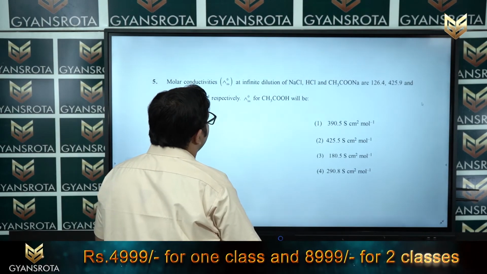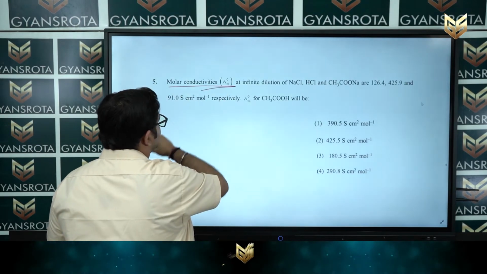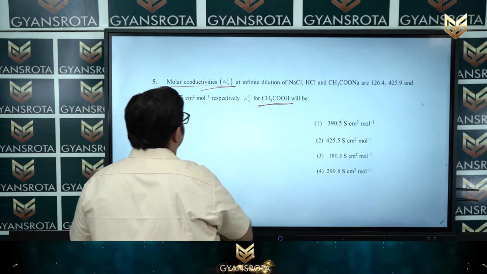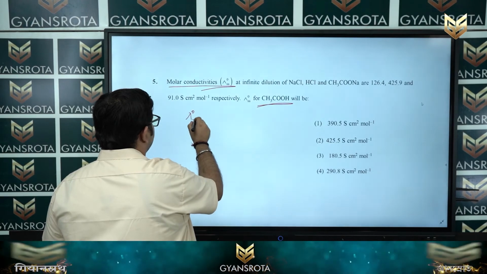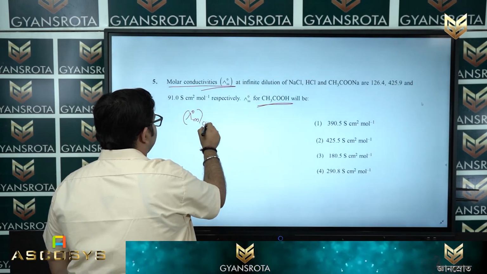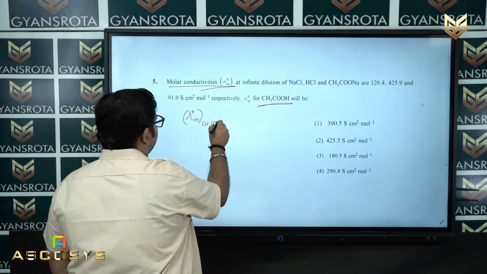This question basically comes from the electrochemistry chapter of your class 12 NCERT. Here they ask you the molar conductivity of acetic acid. So what is the formula for this? Λm° of CH3COOH is what we have to find out.